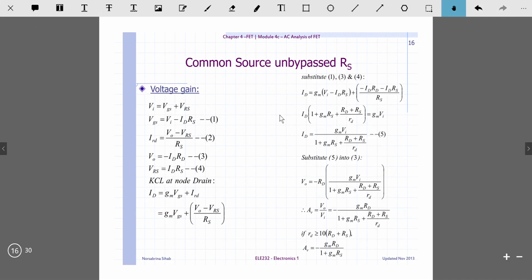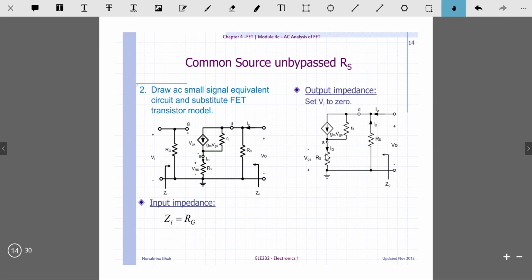Okay, so from there you will get this equation over here. So this is the equation that you will get. So this is the second equation. V out equals minus, this is actually minus VRS. So you have to use the voltage across RS over here.